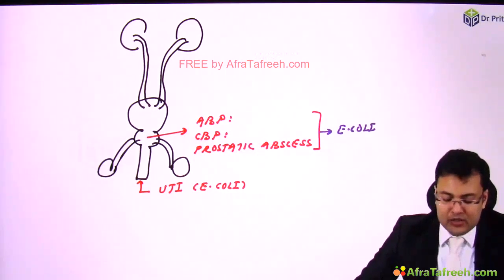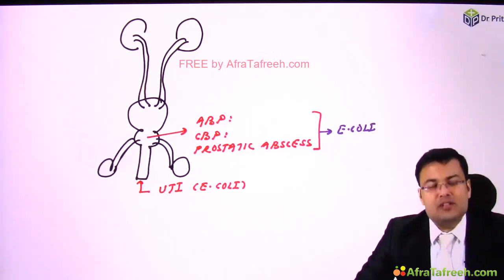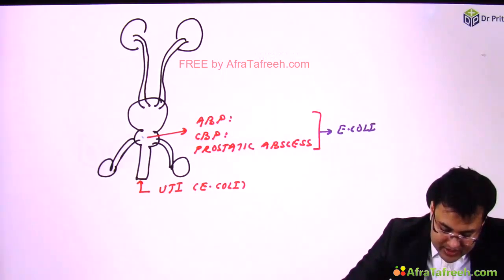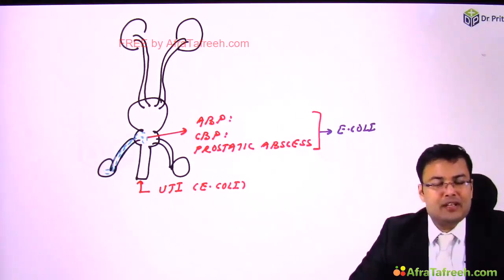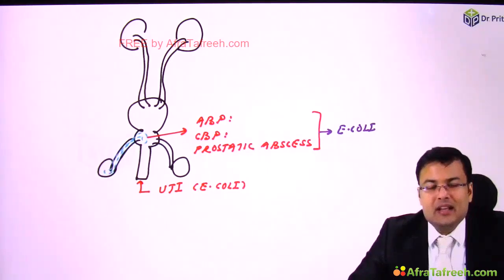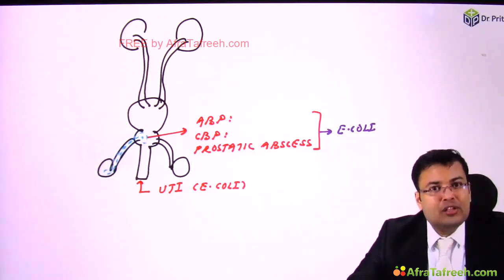Now see, via the prostatic urethra, the infection reaches the vas deferens and then the testis. If it reaches the epididymis, it is epididymitis, and if it reaches the testis, that is orchitis, and if both are involved, it is known as epididymo-orchitis.